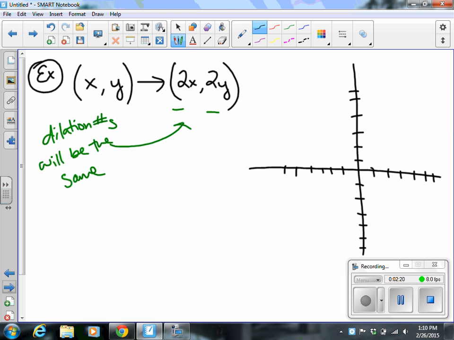All right, so let's say for instance, I'm at (0, 0), (3, 0), and (1, 2). Notice I stayed small so the dilation would stay within my grid.